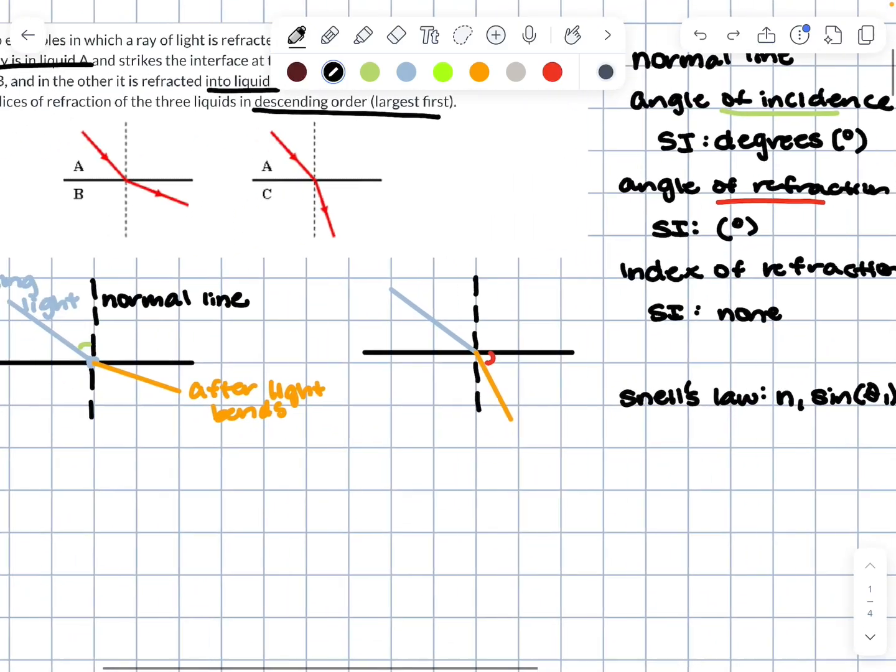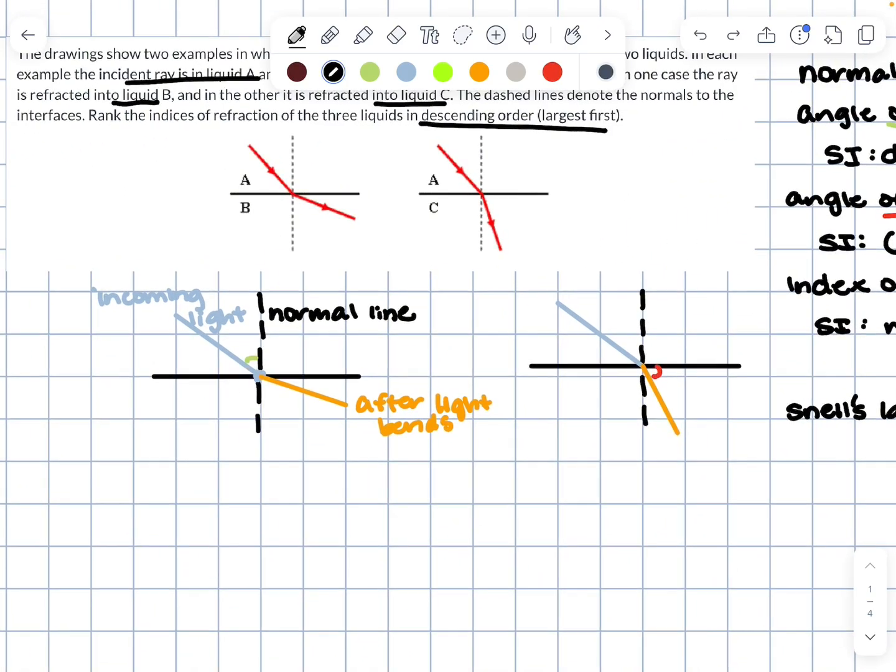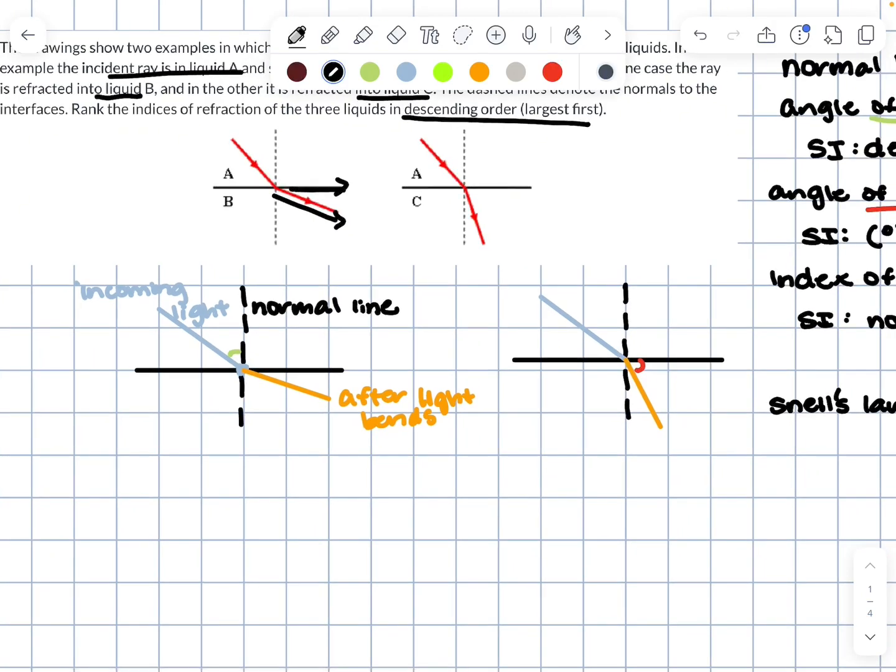Now that we have this down, let's look at our two images that are provided. From material A to B, in this first diagram, the light is bending outwards, going away from the normal line, versus here it's going down.